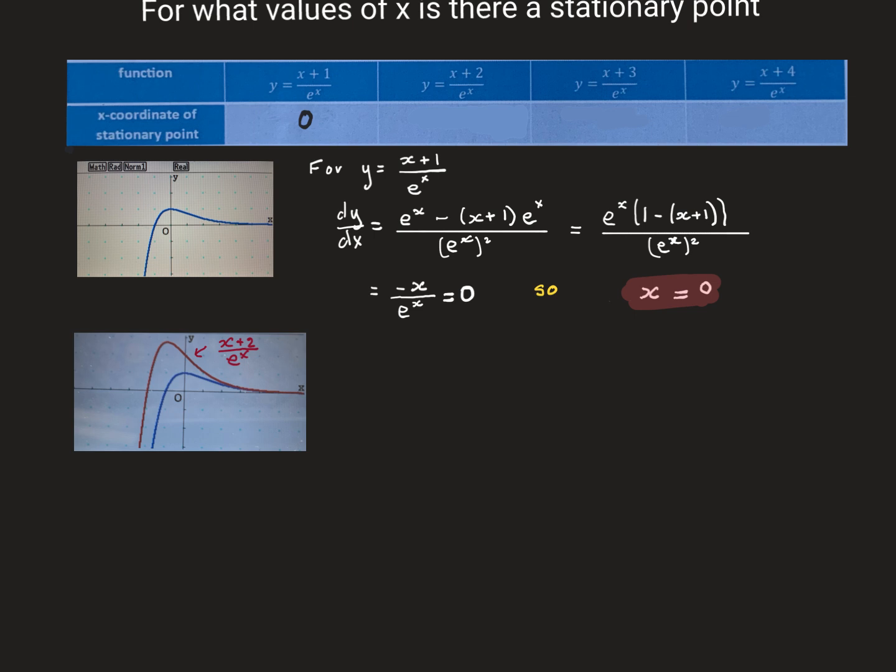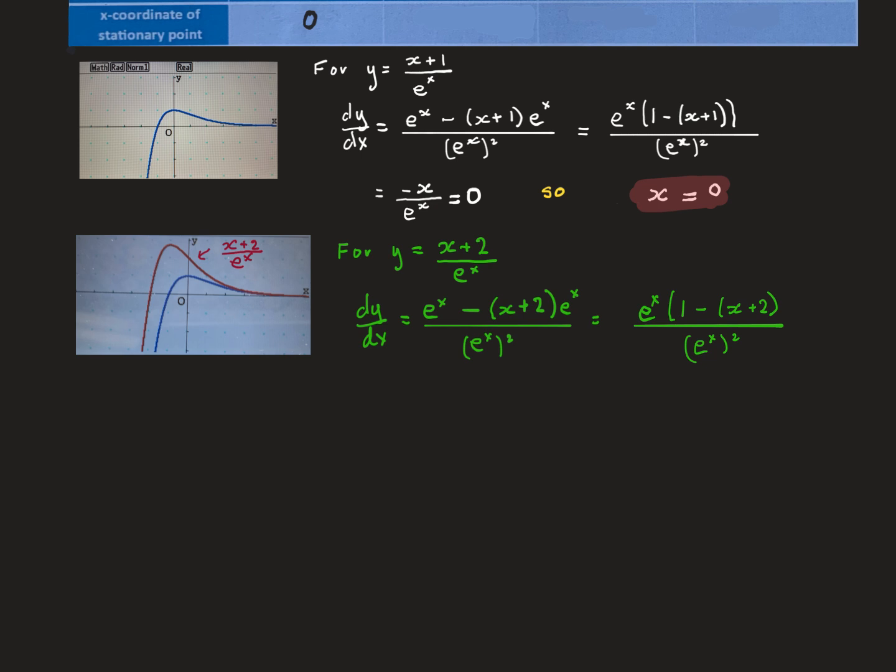Let's have a look and differentiate that function again. And this will result in minus 1 minus x over e to the x. And if we make it 0, because that's where the stationary point will be, we'll get that minus 1 minus x is equal to 0, and therefore x is equal to minus 1.